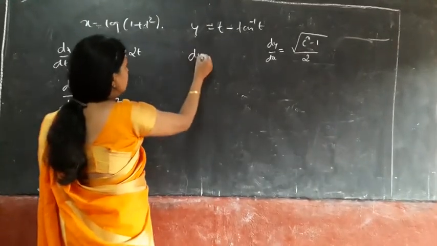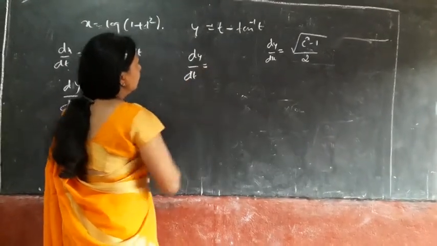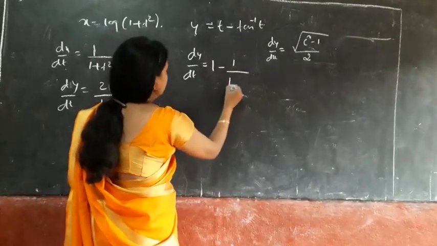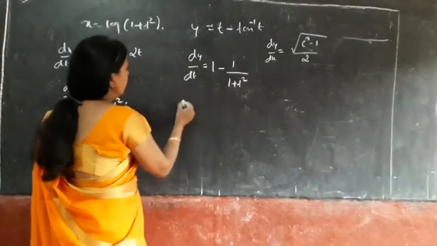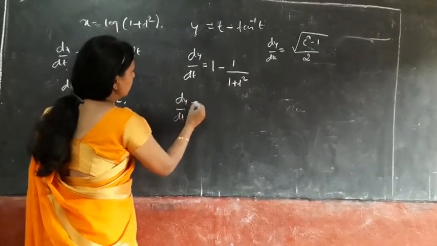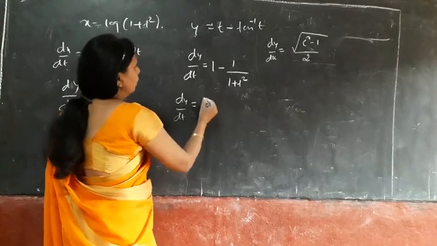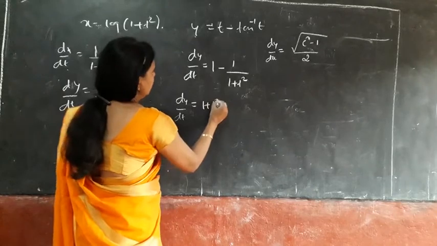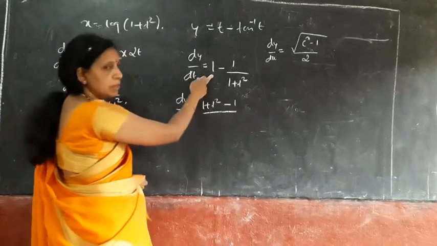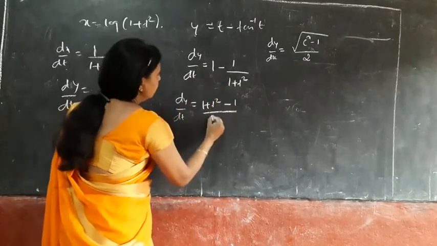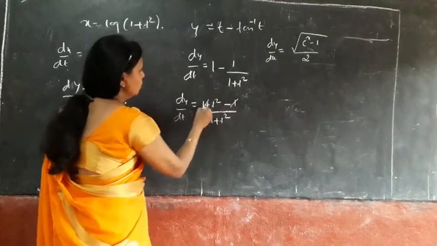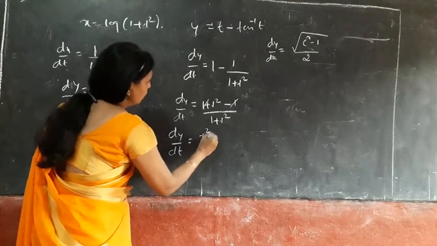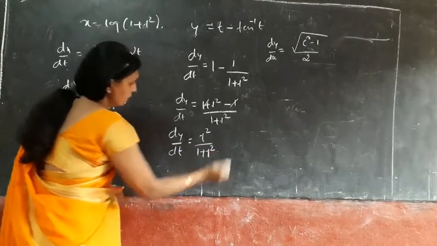Next, differentiate y: differentiation of t is 1 and differentiation of tan⁻¹ t is 1/(1 + t²). Therefore, dy/dt equal to, we make the denominators the same, so divide and multiply by 1 + t². Now denominators become the same. Here minus 1 plus 1 get cancelled. We get dy/dt equal to t²/(1 + t²).